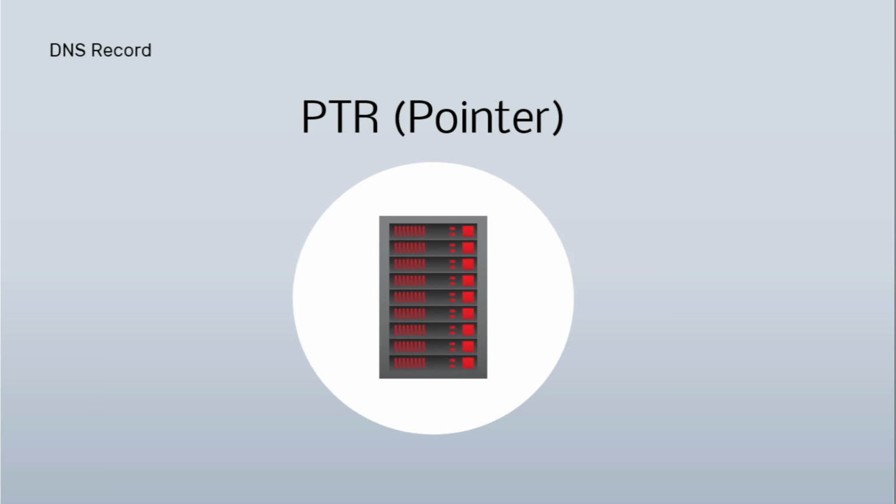This type of record is the reverse of the A record and AAAA record. In the A record we map a domain name to an IP version 4 address, and in the AAAA record we map a domain name to an IP version 6 address. But PTR is the reverse of these two. We map an IP address to a host name with our DNS.